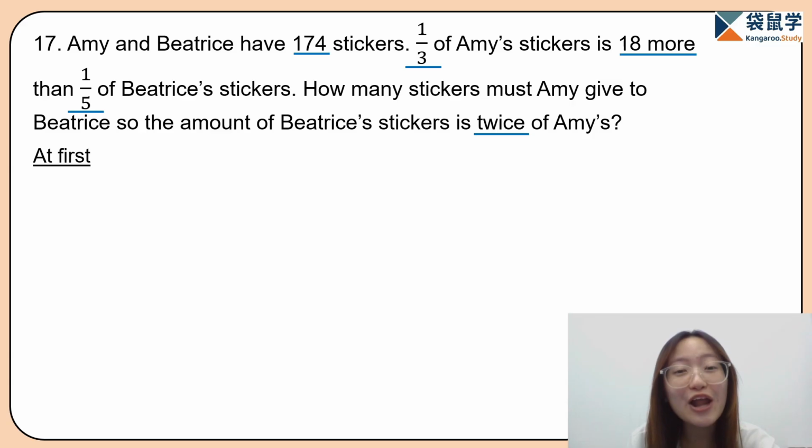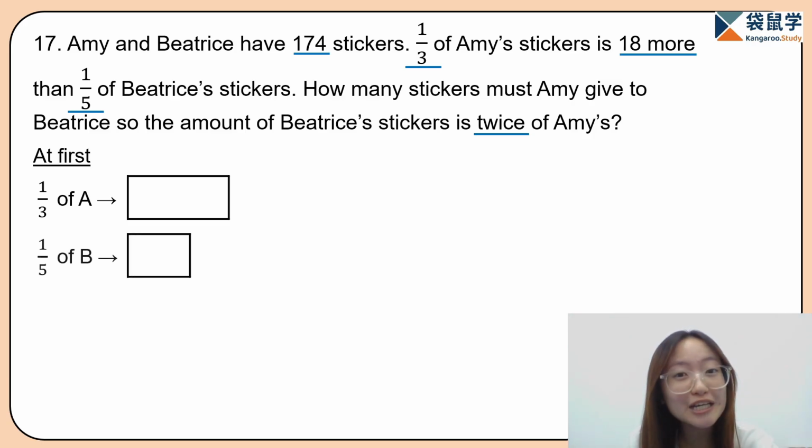I don't know how long it is, but maybe it is this long. And we can label it as 1/3 of A. Then, for one part of B, will it be shorter or longer than this? It will be shorter. How much shorter? 18 stickers shorter.